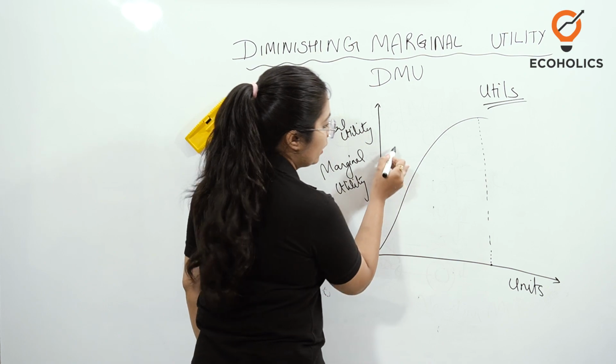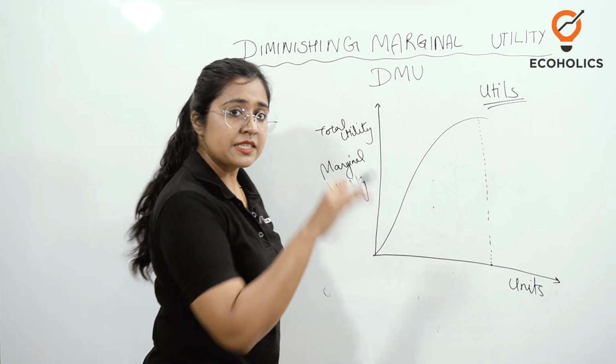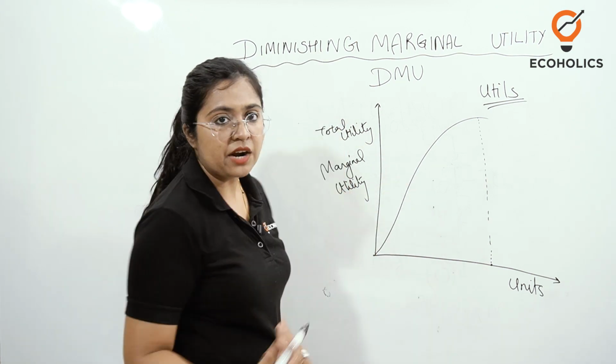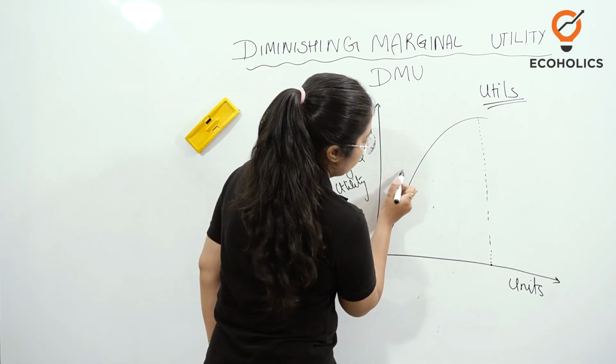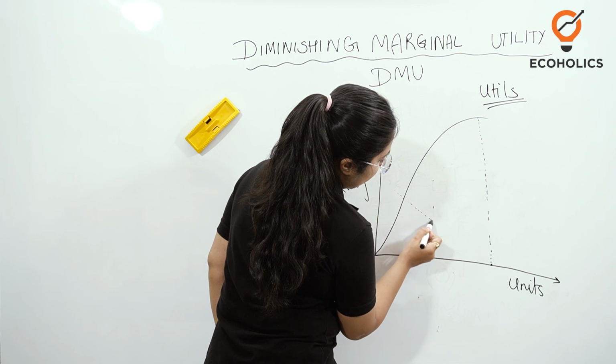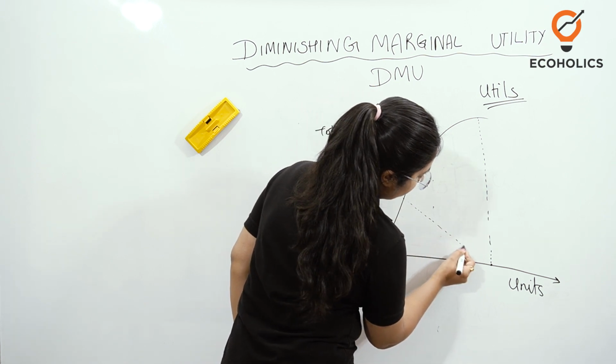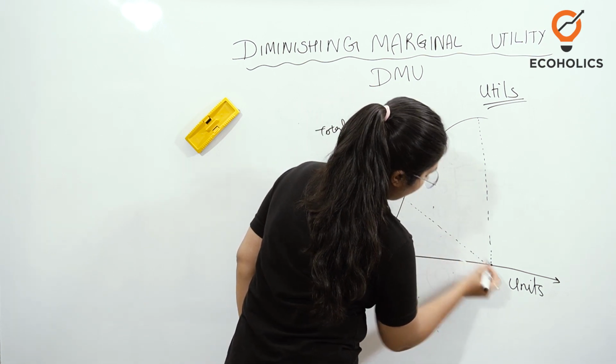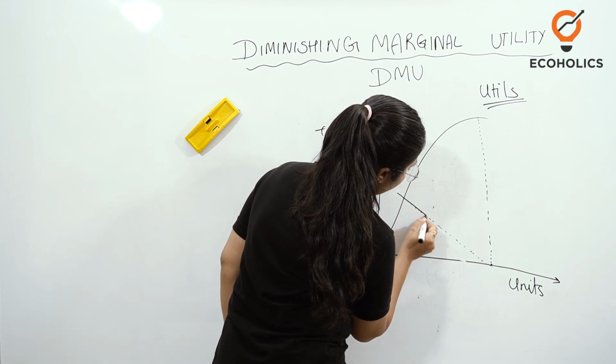Normally what happens is that the marginal utility starts to diminish once it has started to occur. We saw that it started from 20, but then reached 15, and then 10, and so on and so forth.